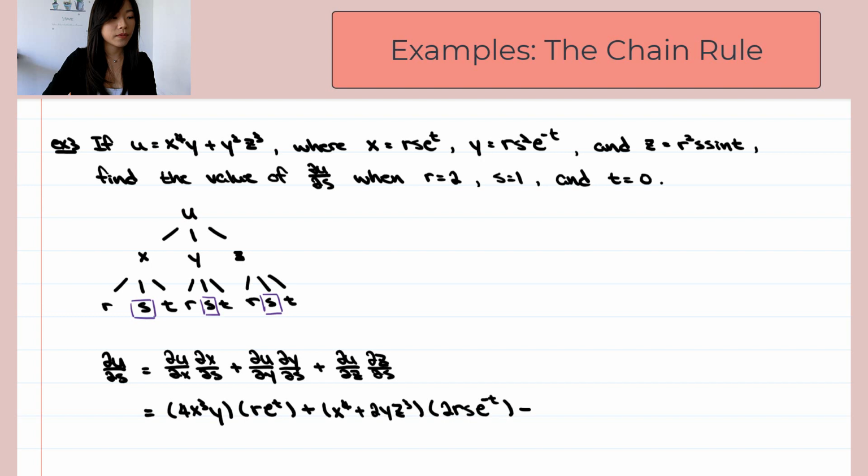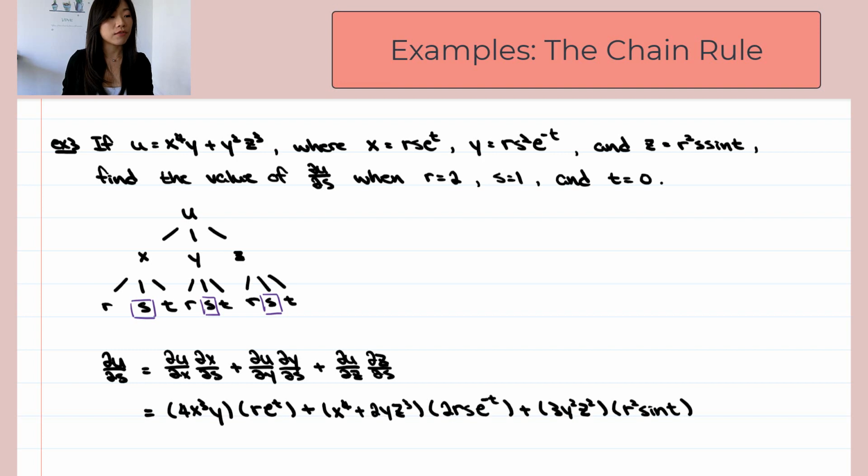And the last term, du over dz, I treat x and y as constants, and I get 3 times y squared times z squared. And finally, dz over ds, I treat r and t as constants in the function z, and I get r squared times sine of t. And that is the partial derivative function with respect to s.